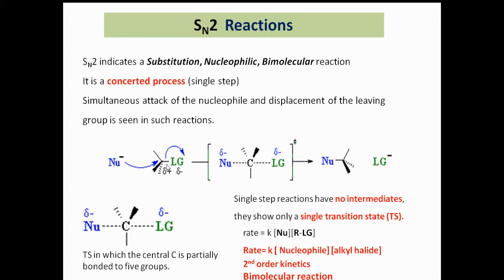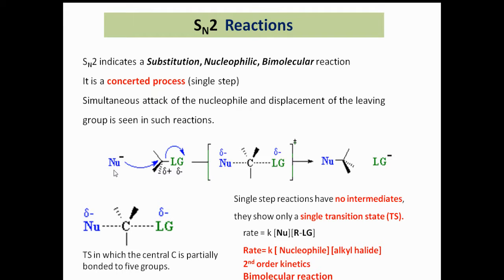So as it is a single step reaction, the rate of the reaction depends upon the concentration of the nucleophile as well as the alkyl halide. So we can write rate is equal to K into the concentration of the nucleophile and the concentration of the alkyl halide. So in this step, two species are involved, that is the nucleophile and the alkyl halide.